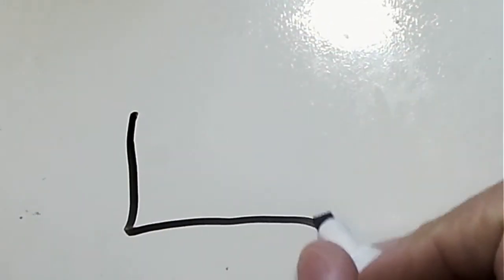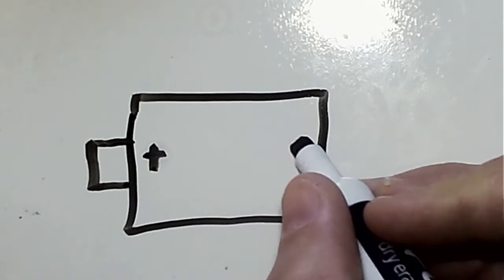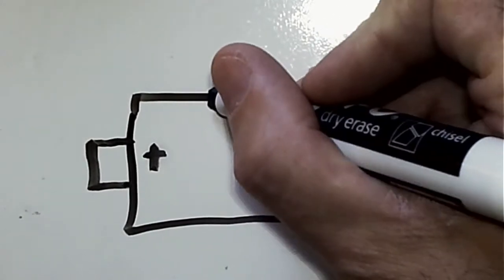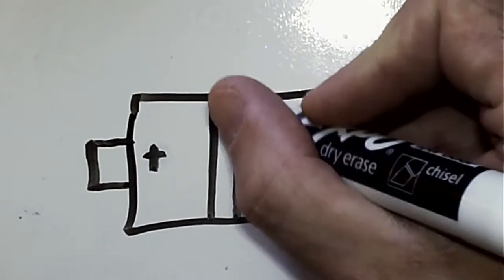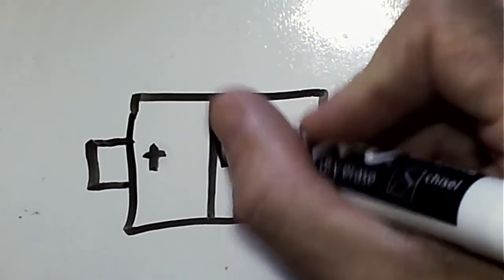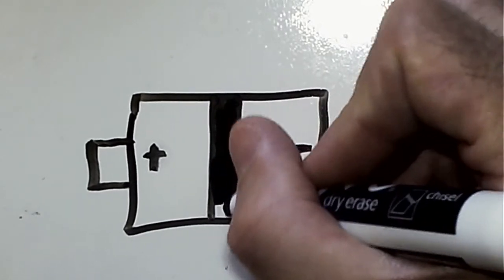So here's my battery. I'm going to make this really simple. Here's my positive end, and here's my negative end. Inside a battery, there's a border, usually made of lead, which is why you don't want to throw your batteries in the trash, because you'll end up lead poisoning the dump.